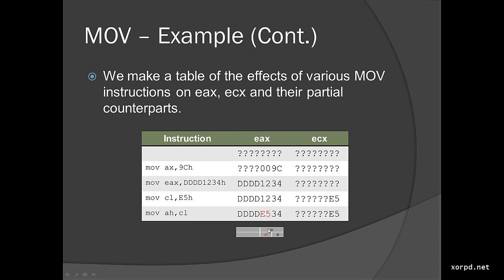Half of EAX is AX, the lowest 16 bits, and AX itself is made of 16 bits, which are separated to 8 and 8. 8 bits go for AH and 8 bits for AL. So this part, E5, is exactly AH. When we moved CL into AH, we copied this value, E5, into here, instead of 1, 2.